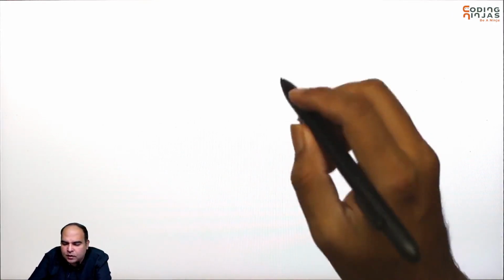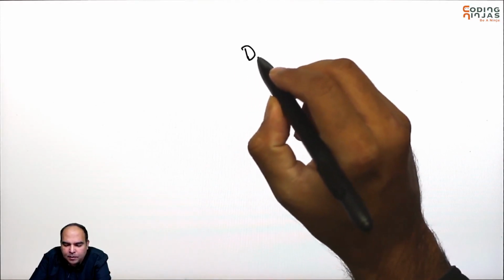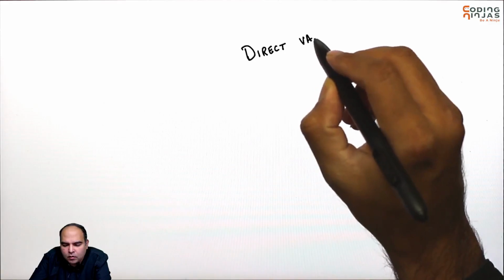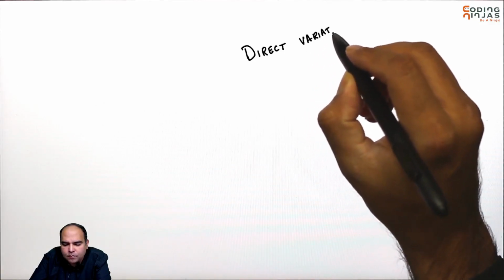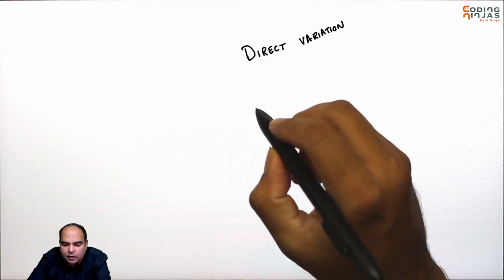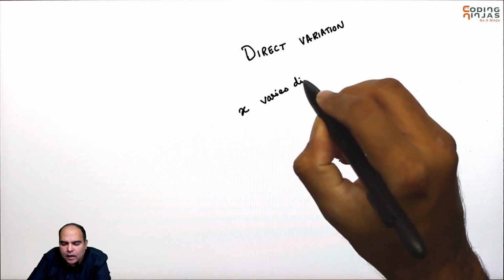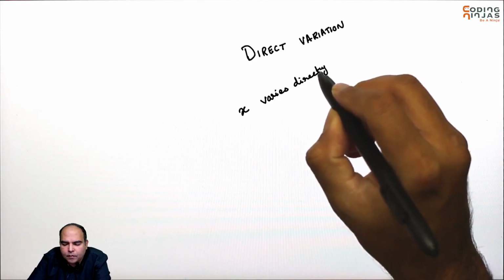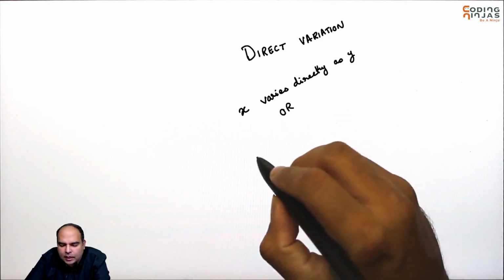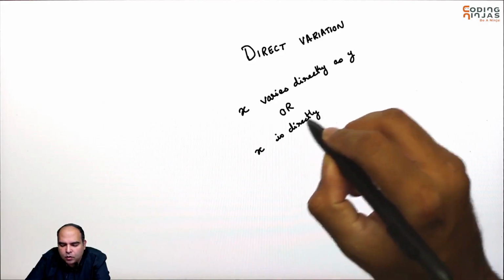The first type of variation is essentially what can be described as the direct variation. Now, when you talk about direct variation, you have a statement which might say x varies directly as y, or this can also be mentioned as x is directly proportional to y.